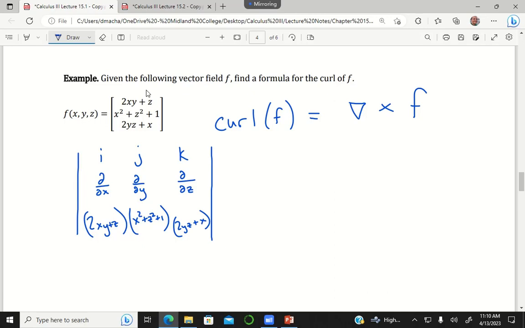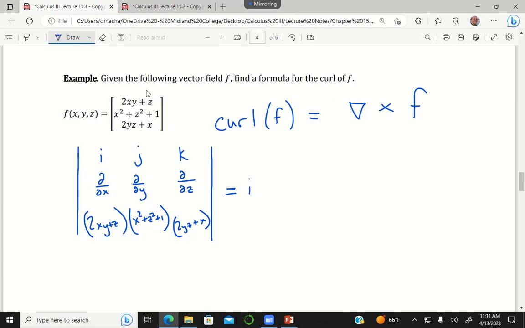And I'm kind of being weird about it and not calling this a matrix because the first row of this matrix is all vectors, and that's not normal for the entries in a matrix. And the second row of this matrix is all operators, which is again not normal for a matrix. And then only the last row actually contains expressions. So not technically a matrix, but we're still going to pretend to take the determinant because that's how the cross product works, if you remember back from a few months ago now.